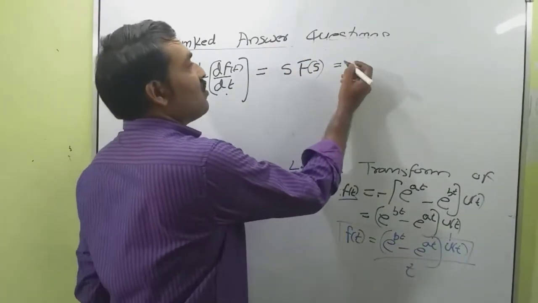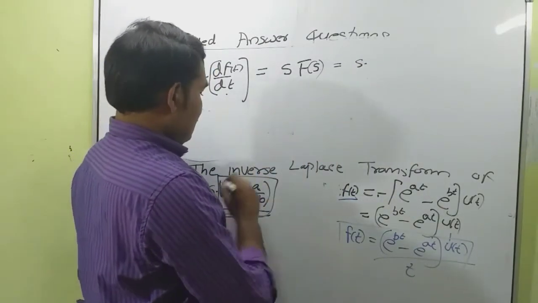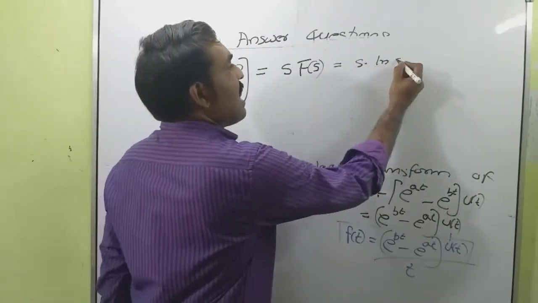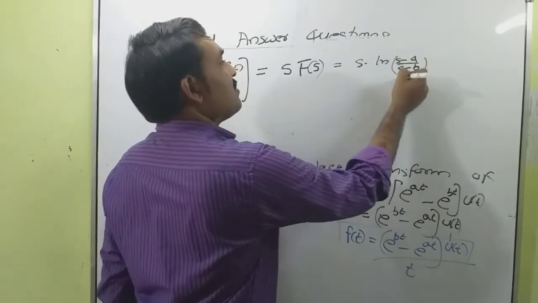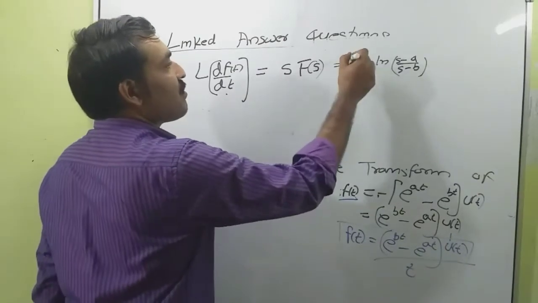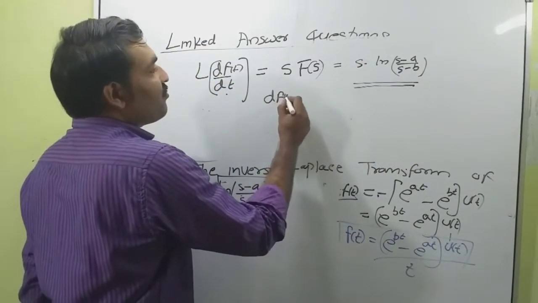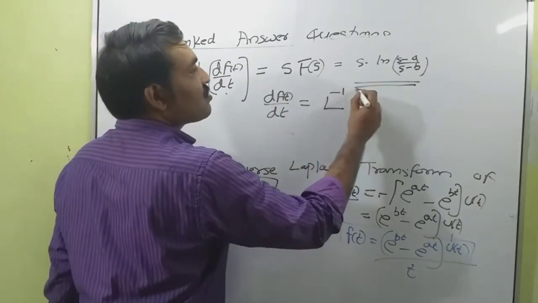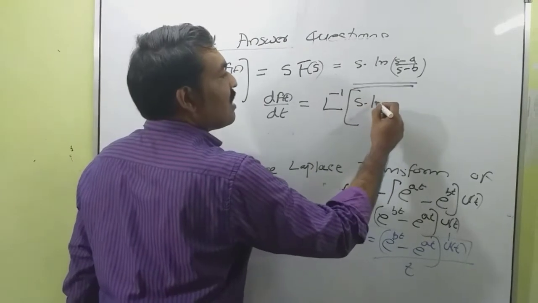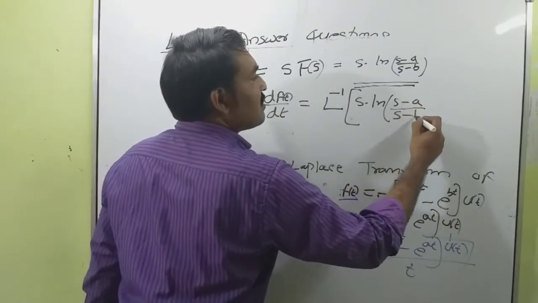So that is equal to s into, our F of s is this term, that is ln of s minus a divided by s minus b. Now we want to find the inverse Laplace transform of this term, that is df by dt, that is equal to L inverse of s into ln of s minus a by s minus b.